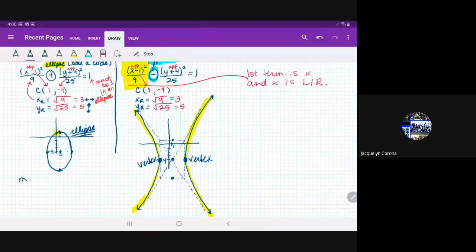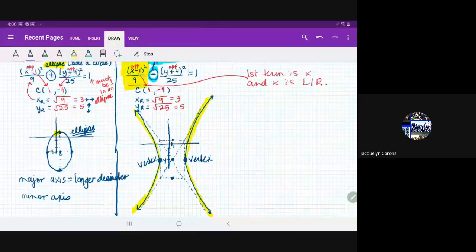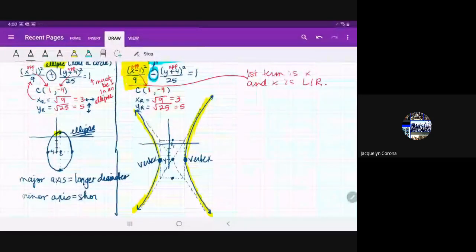So in an ellipse, so I'm drawing this on the left side, they have something called the major axis, and you have something called the minor axis. And I think of the major axis as the longer diameter, and the minor axis as the shorter diameter.